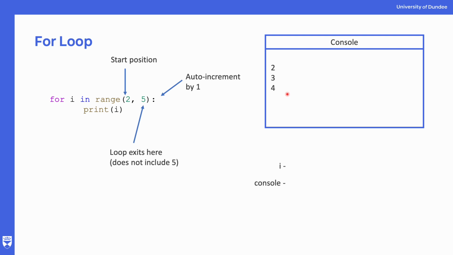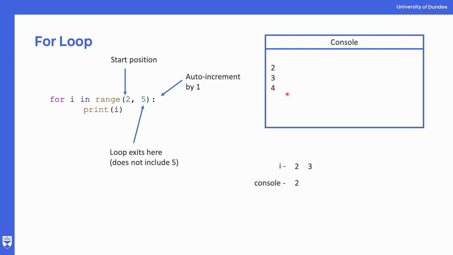So let's walk through that like we did before. I have a variable I and I have something in the console. So I have 2 because that's my start position. I've set I to my start position of 2 and then I just want to print out I, so my console says 2.